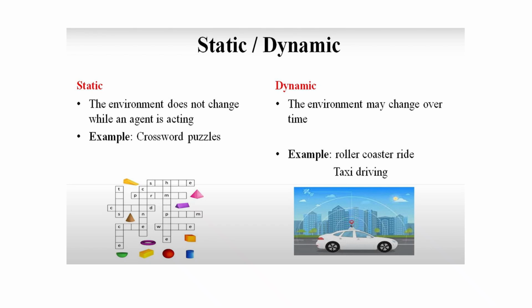Next we are going to see the dynamic environment. The environment may change over time, so it can change continuously. A good example is a roller coaster ride. Taxi driving is also a good example.